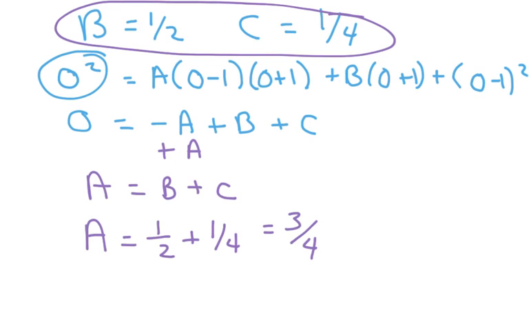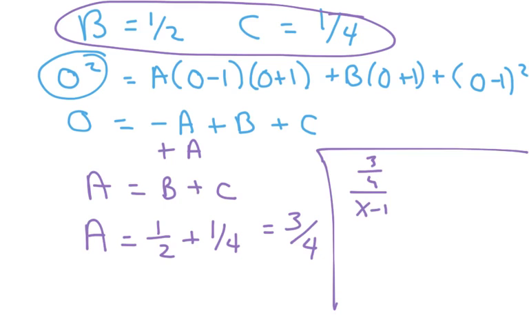So now my final equation, and I'm not going to write the whole thing, I'm just going to write the decomposition part, is 3/4 over x minus 1, plus 1/2 over x minus 1 squared, plus 1/4 over x plus 1. And this was my a, b, and c.